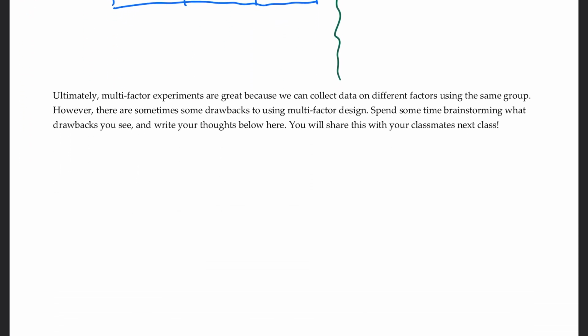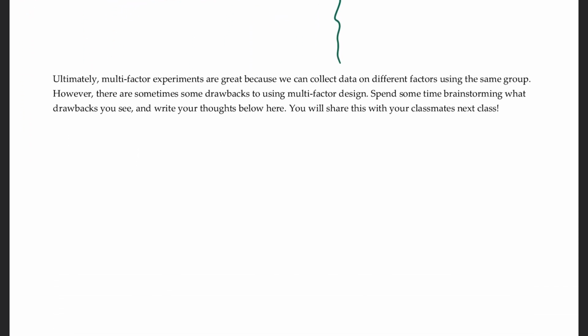The last thing I want you to think about, and this will be, again, something I'll leave to you, is that multi-factor experiments are pretty cool because if you do have different things that you think will cause some reaction in a treatment or thing like that, you can test them at the same time on the same group.